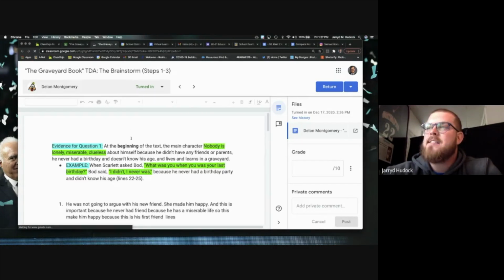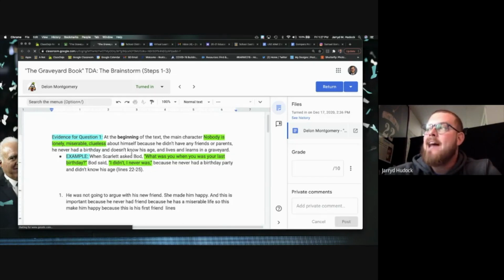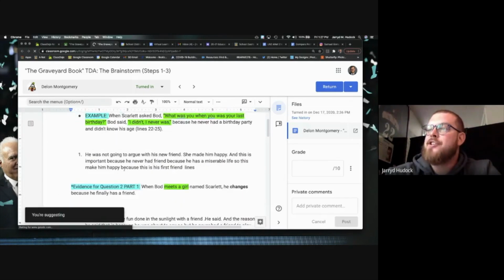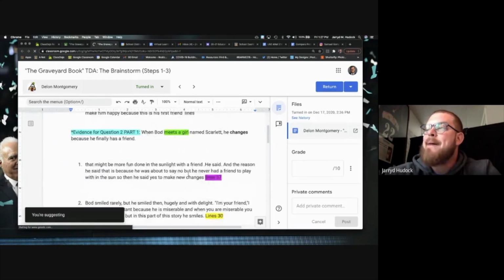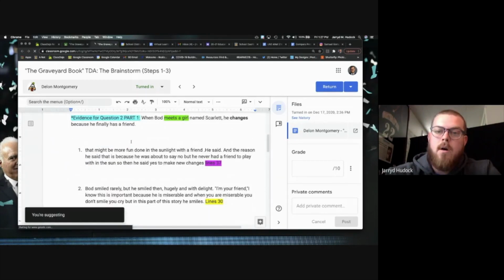So again, we explicitly go through the question, and I have them highlight what they're supposed to be answering in the question. Then they'll go through and type out their evidence onto the Google Doc.